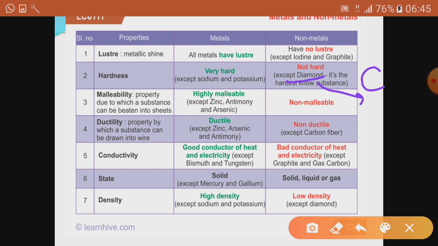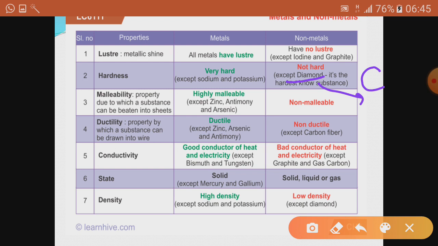Now state. Metals are generally in the solid state except mercury and gallium. But non-metals can be in solid, liquid and gaseous state.